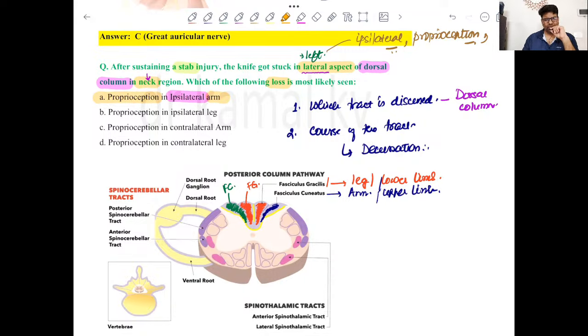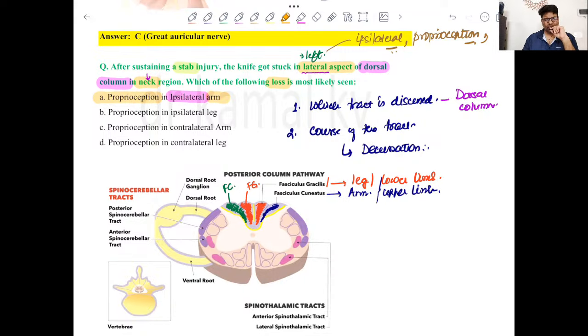These dorsiflexors are supplied by the deep peroneal nerve, right? And this deep peroneal nerve is a branch of the common peroneal nerve, which winds round the neck of fibula.